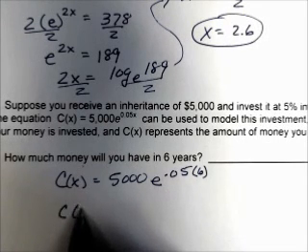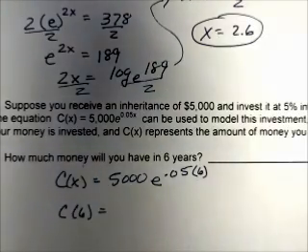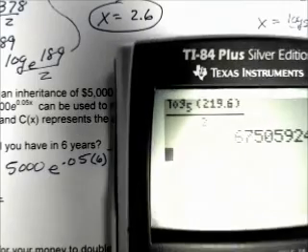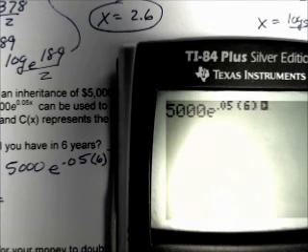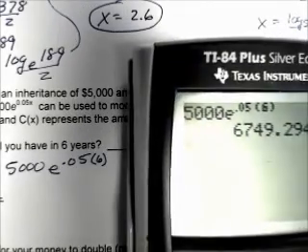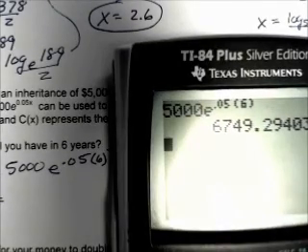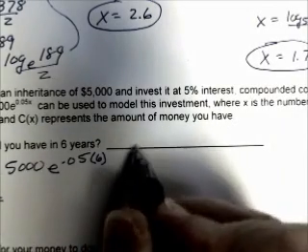So C of 6 is equal to, now just simply key this into the calculator as it is right there. 5,000 e to a power would be second ln, and we want 0.05 and then times 6. We're talking money, so let's round to nearest cent. $6,749.29.